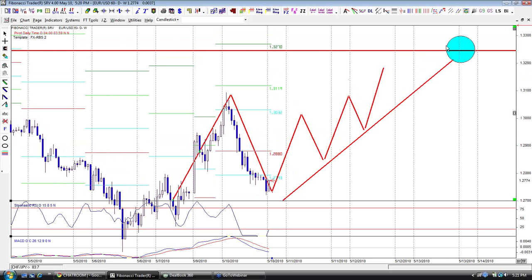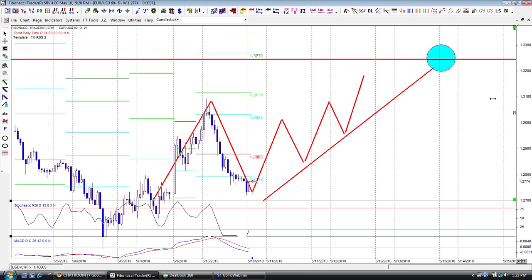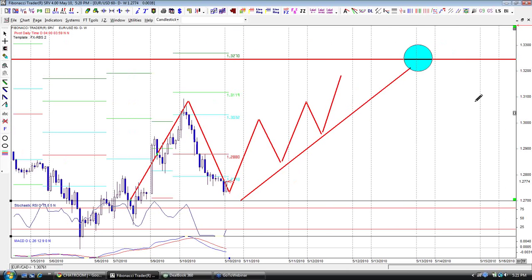Now once we get very close to that level, market price might form something like this. And what is that?